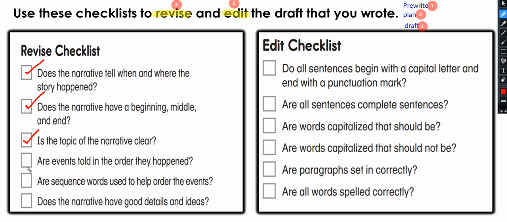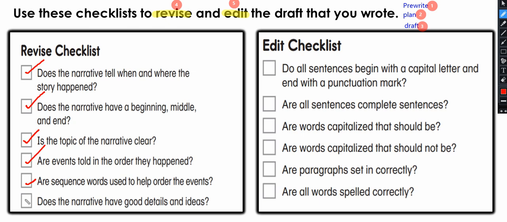Are events told in the order they happened? The points 1, 2, 3 were there in order. Are sequence words used to help order the events? Did you use the words first, then, after? Does the narrative have good details and ideas? Did you write enough details?